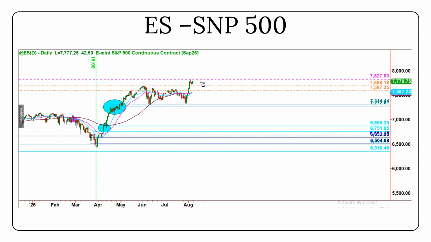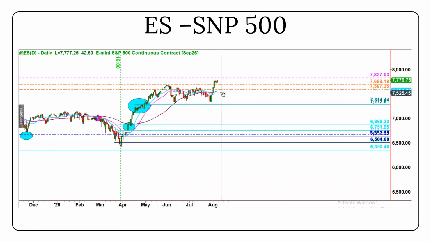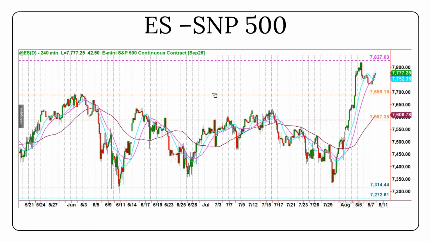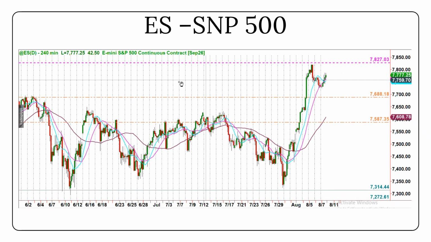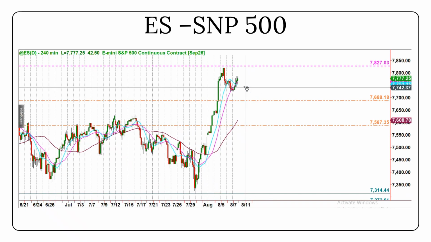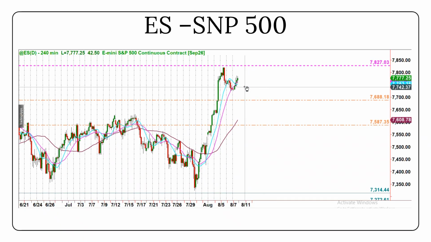It's 7779.75 when it closed on Friday, and we now have to look at its return to any of the lower time frame demand zones in order to continue with the bullish run and take advantage of the strength and the momentum of the bulls in this market.